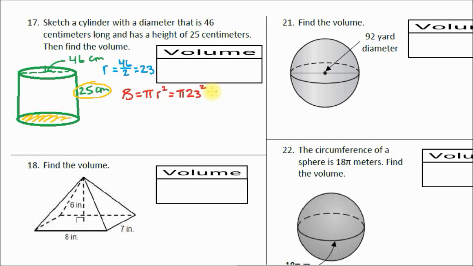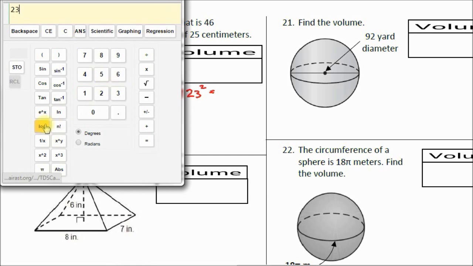Let's go ahead and square 23. Where is my exponent key on this one? Oh, here it is. 23 exponent 2, and it's 529.